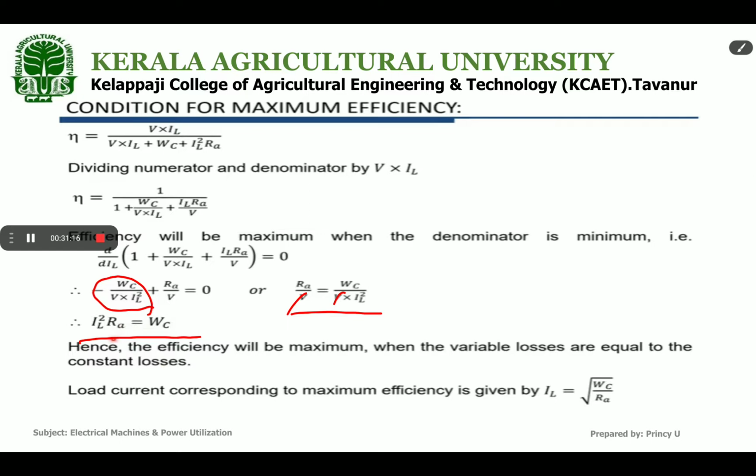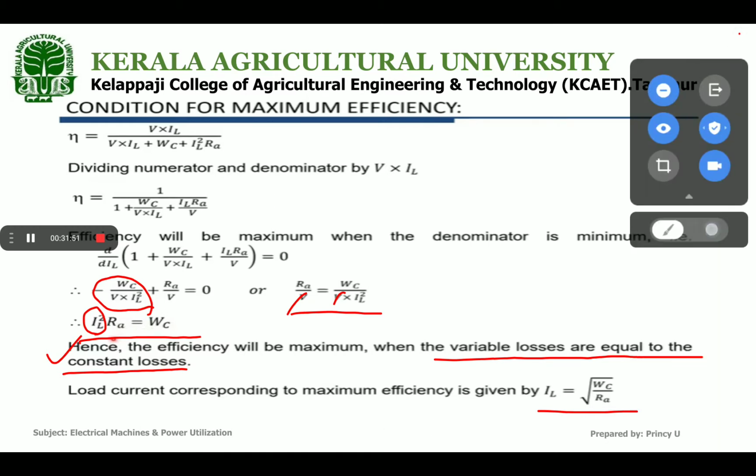From this equation, you can see that efficiency will be maximum when the variable losses are equal to constant losses. So the load current corresponding to maximum efficiency is IL equal to root of WC by RA. The condition for maximum efficiency is that variable losses are equal to constant losses.